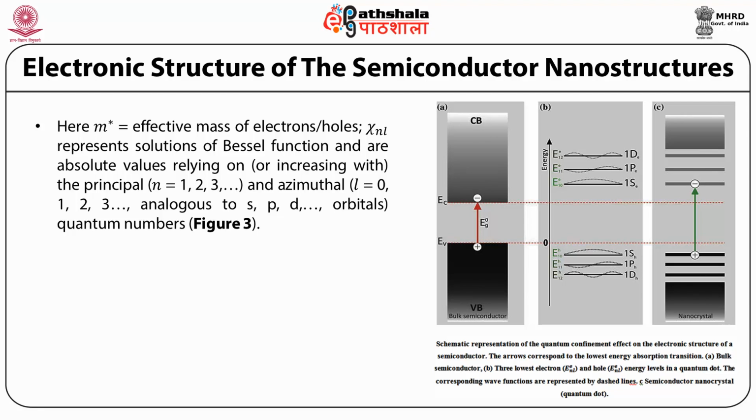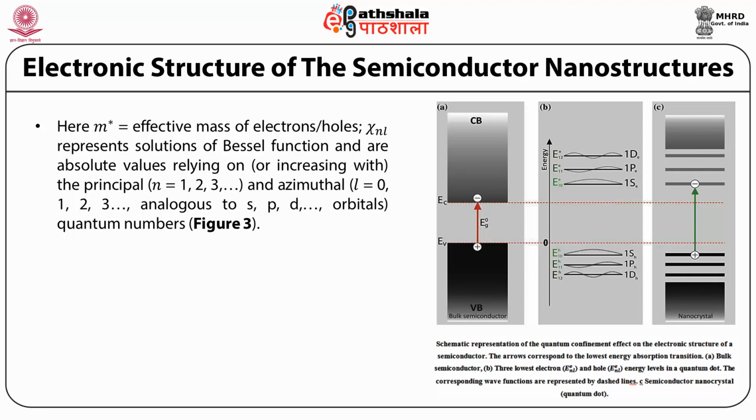So this is depicted in this figure, which shows the schematic of the quantum confinement effects on the electronic structure of a semiconductor. In the first figure, we have a bulk semiconductor. The second one represents the three lowest electron, E n l e, and hole, E n l h, energy levels in a quantum dot, with broken lines showing the corresponding wave functions.